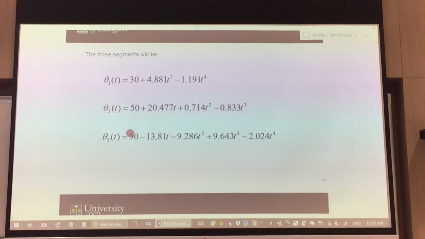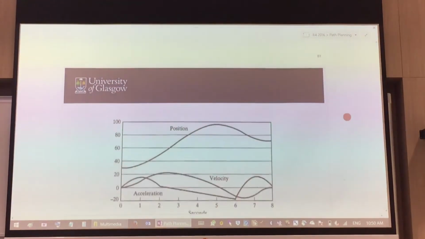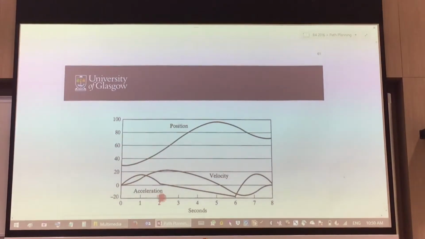So these are all your 3 equations for your positions. With all these 3 equations, then we can plot out that graph. So you will have your first section and your second section, and then your third section.